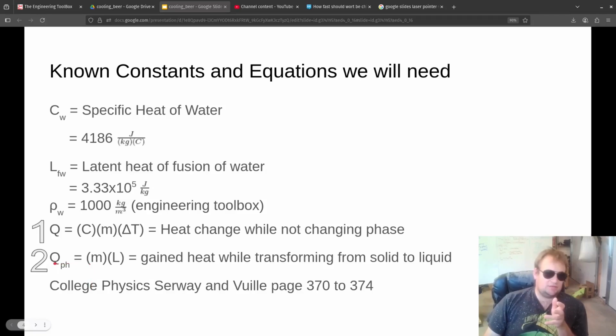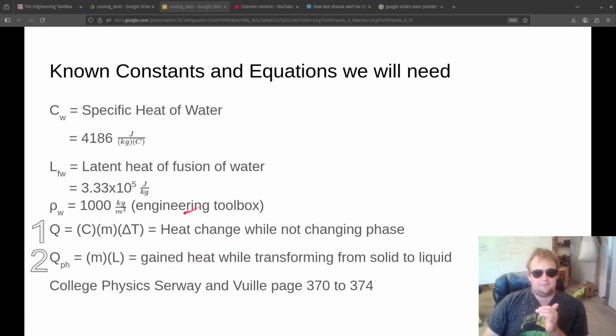We will also need Q phase, the phase change, which is the mass times the latent heat. I dropped the plus or minus here because you choose that based on your knowledge of the problem. And we know that this is a gain in heat, so heat is going into the system because we are going from ice to water.